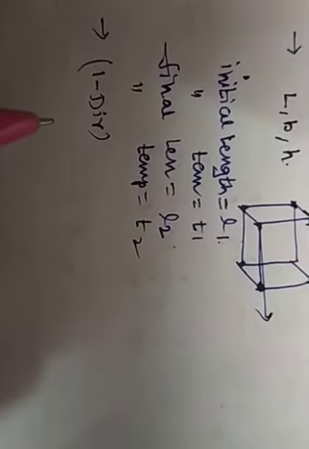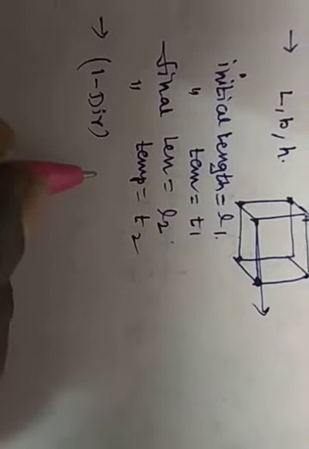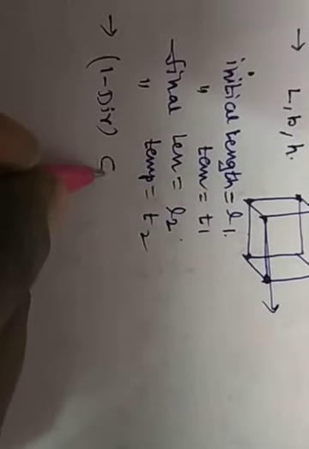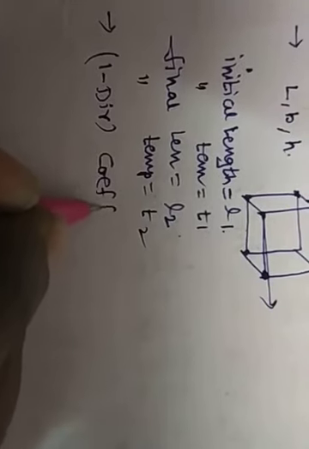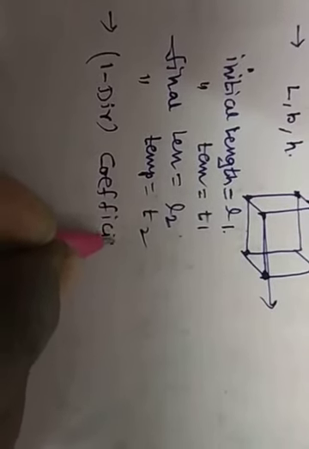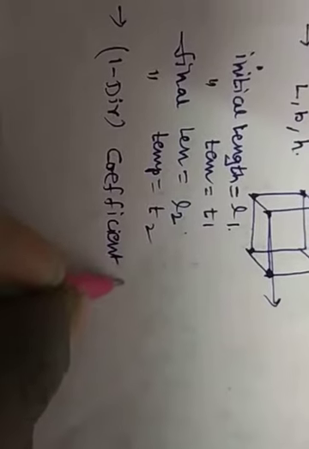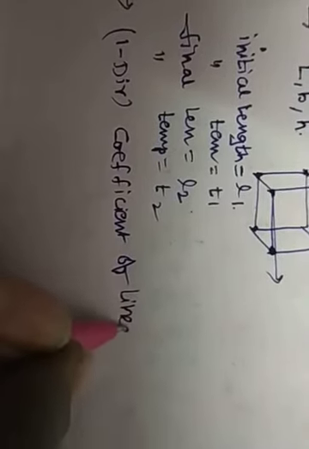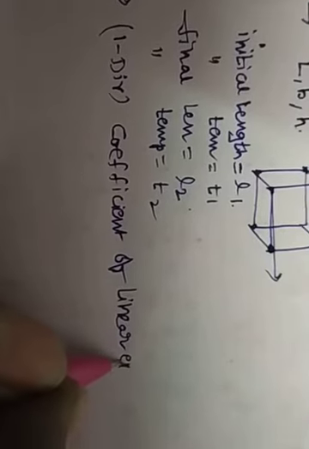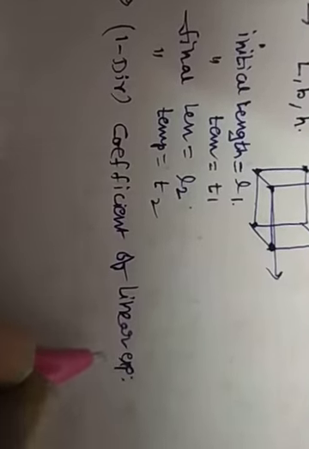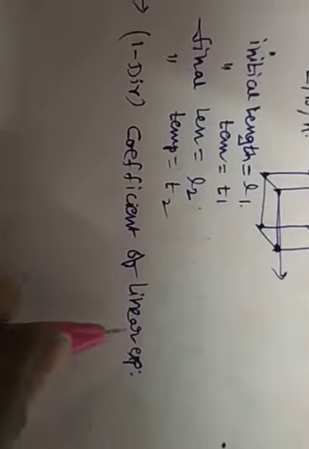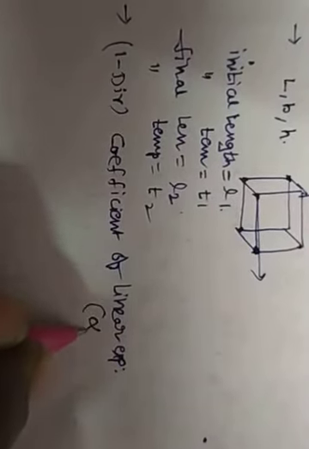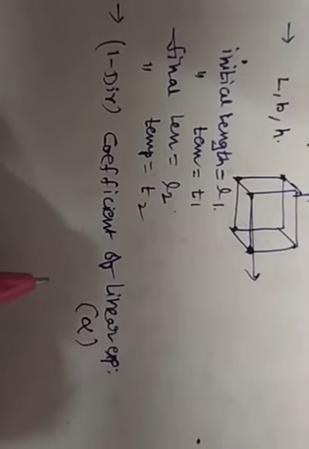If the expansion takes place in a single direction, then that type of expansion is said to be coefficient of linear expansion. That coefficient of linear expansion is represented by alpha.